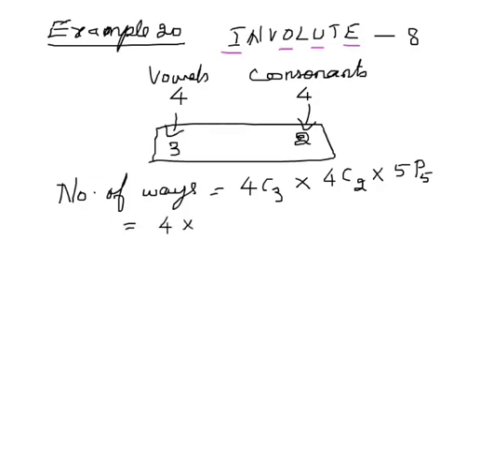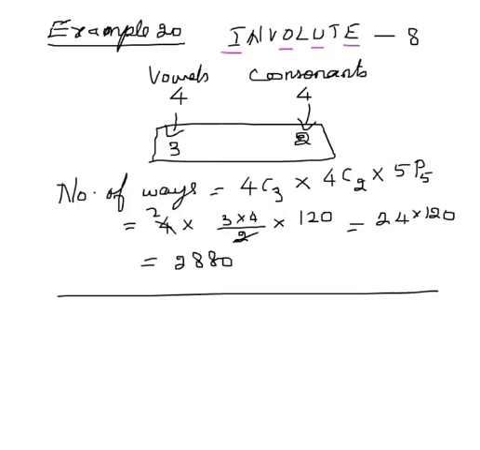4C3 is 4 and 4C2 is 3 times 4 by 2 and 5 factorial is 120. The answer is 2880. Example 21. A group consists of 4 girls and 7 boys.